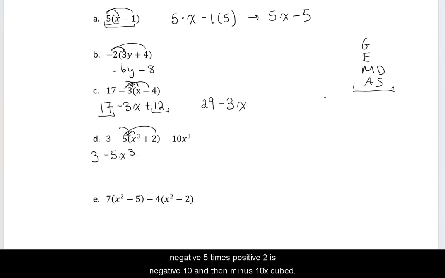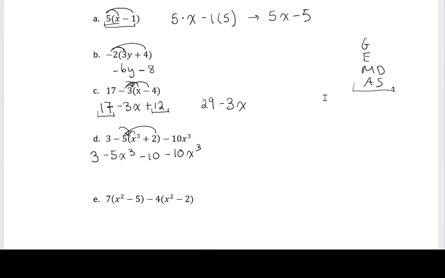Negative 5 times positive 2 is negative 10, and then minus 10x cubed. All right, so notice in all of these, the first step has been that we've gotten rid of our parentheses by using distribution. Most of the time, that is going to be the case, that distribution happens first.